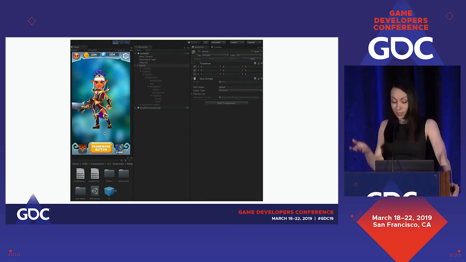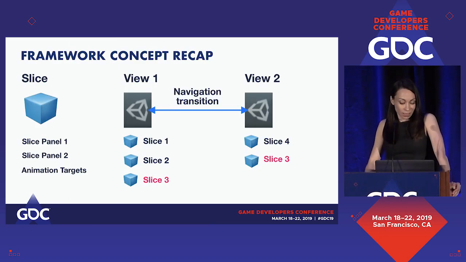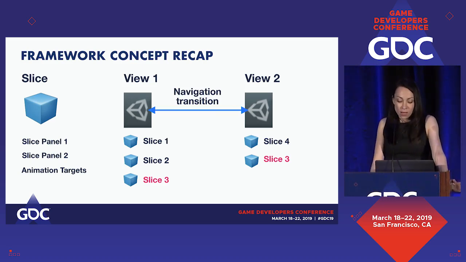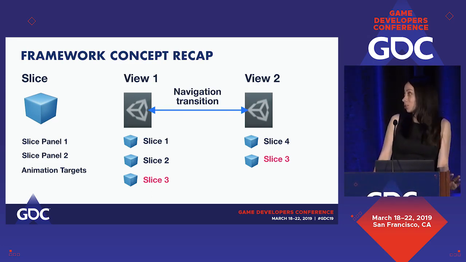And just to make a quick recap, I would like to say that the UI framework is built around this concept of navigations between the views that reference slices. Navigations are requested between the views, and views can reference one or multiple slices, and slices are responsible for containing graphics and logic.